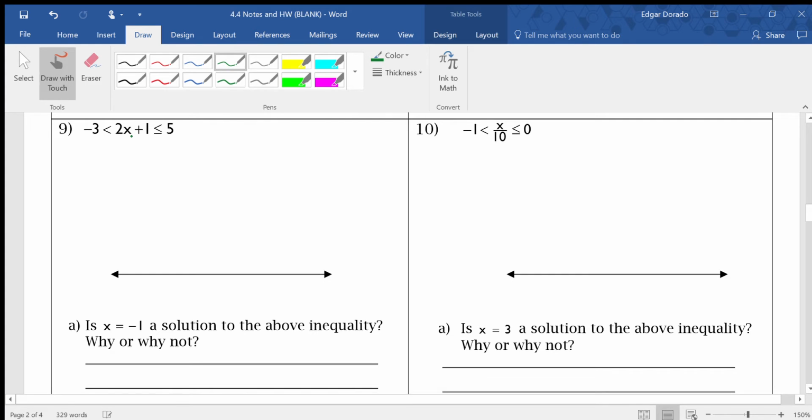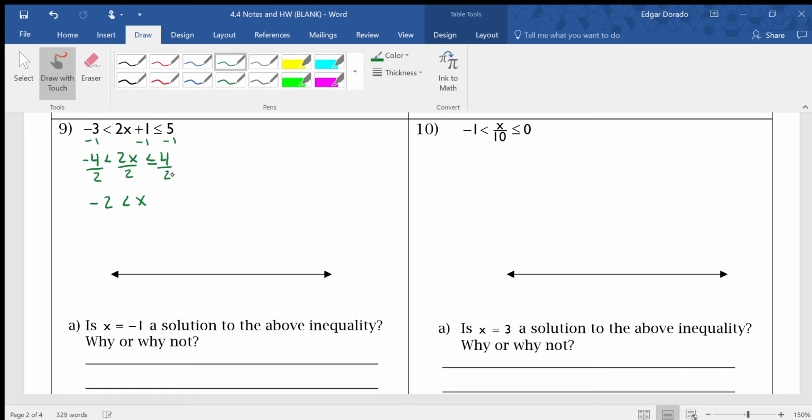So I want this x all by itself, so let's subtract 1, subtract 1. I get -4 is less than 2x is less than or equal to 4. Last step here is to get rid of that 2. So I'm going to divide everything by 2. I get -2 is less than x is less than 2.